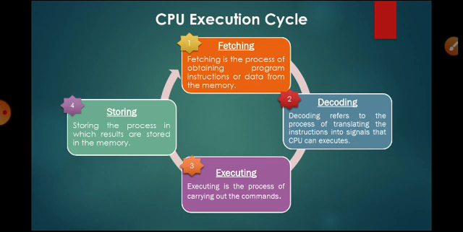It means that the instruction which is to be executed is required to be fetched from the memory, or maybe we require some data to execute an instruction, so that data or the instruction itself is fetched from the memory. Fetch means to get or to obtain.